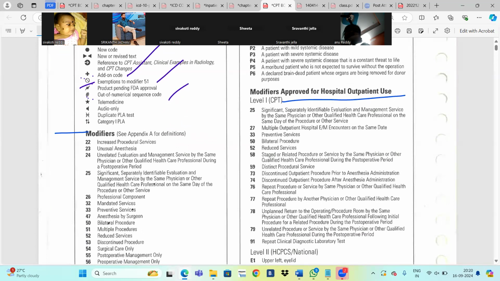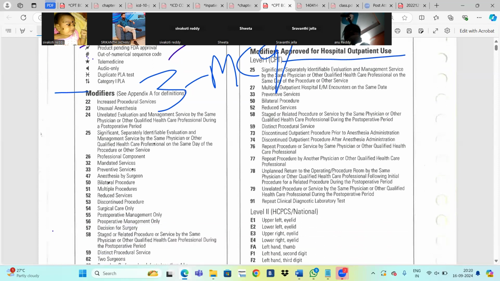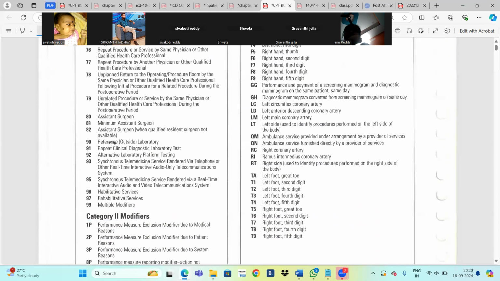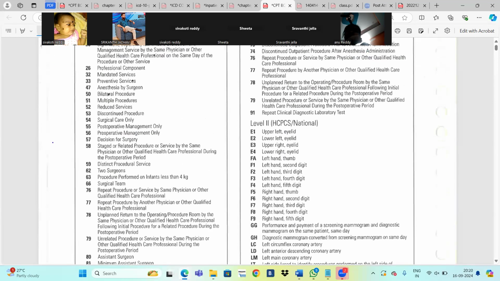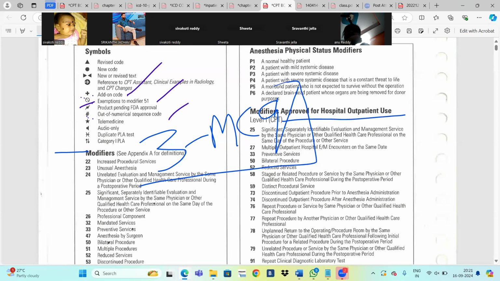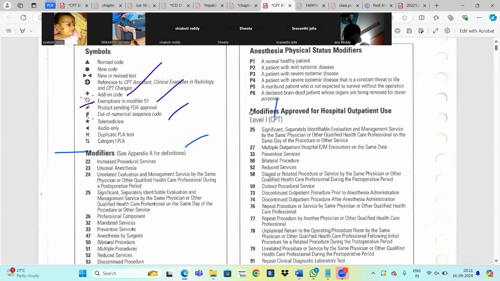Remember, in the exam you will get 3 MCQ questions from modifiers, on this page only. We can discuss those 3 questions related to modifiers, when you use them, what the modifier is, everything.